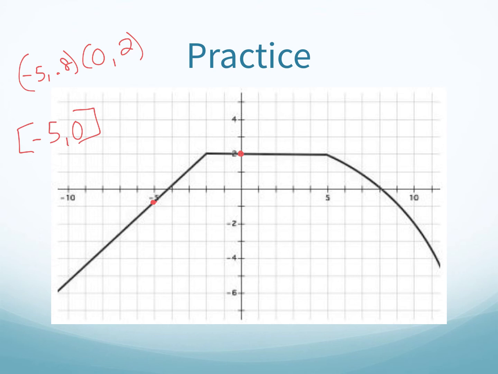So change in y: 2 minus -0.8 divided by 0 minus -5. So I have 2.8 divided by 5, which I put in the calculator to get a more specific answer. It's going to be a little more than half. That's 28 out of 50, which would give me 0.56.